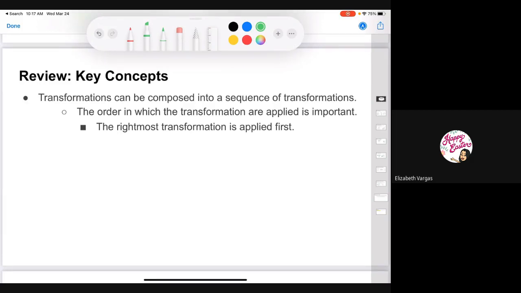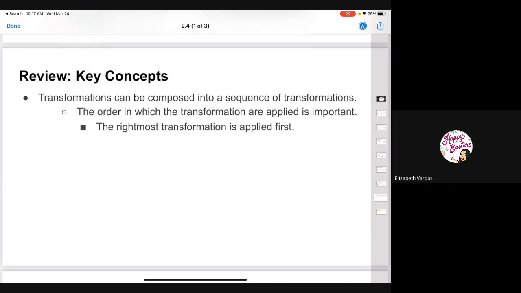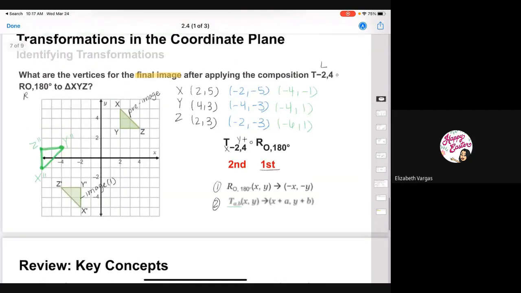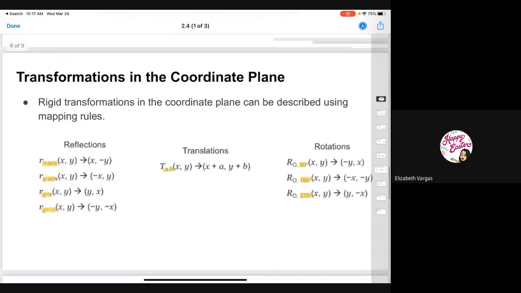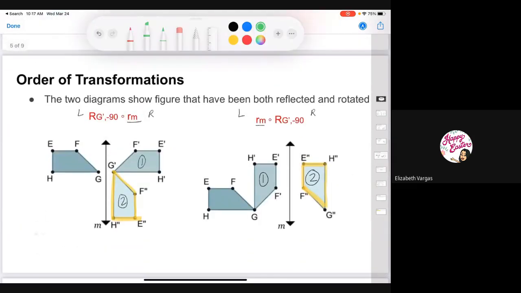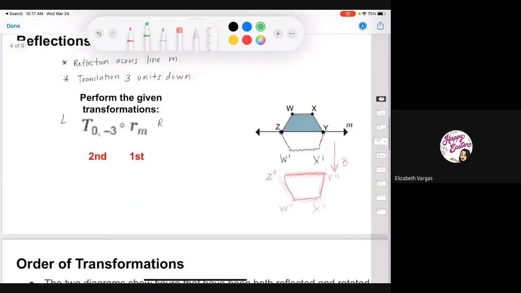The order in which the transformations are applied is extremely important. The rightmost transformation always needs to be applied first. Okay? And knowing that, you're able to apply mapping rules to find vertices, or you're able to see those transformations taking place here, where you want the rightmost to happen first, the leftmost to happen second.